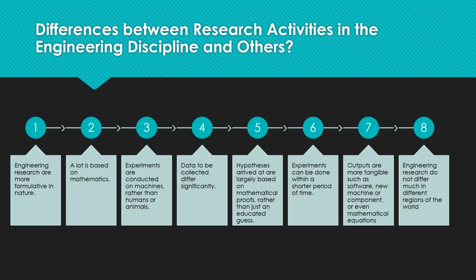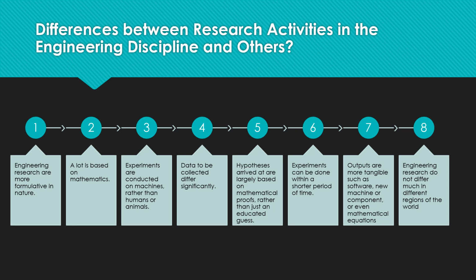And if we look at differences between research activities in the engineering disciplines and others, for engineering research, they are more formulative in nature. A lot is based on mathematics, okay, and experiments normally conducted on machines rather than humans or animals. Data to be collected differ significantly.